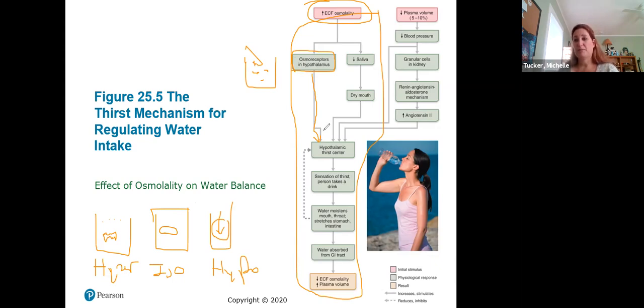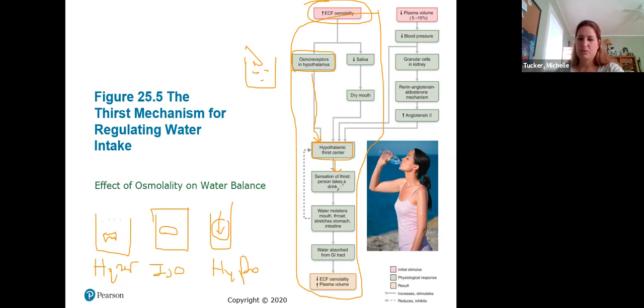All the cells are experiencing roughly the same effect, but osmoreceptors have a direct connection to the hypothalamus. So as they shrink, they fire action potentials to the hypothalamic thirst center, which stimulates the sensation of thirst. We're like, oh, I think I need to go grab something to drink.